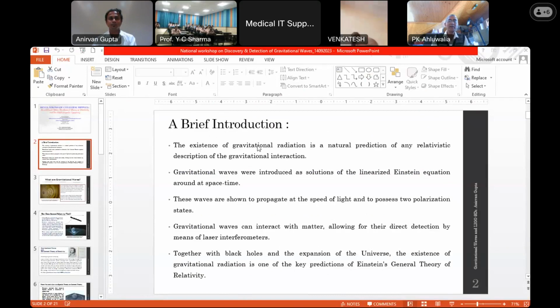I can see Professor Gupta's presentation on the screen. Here also he has talked about the possibility of the kind of ripples which we are now able to detect. India is very much part of that now under the LIGO project.